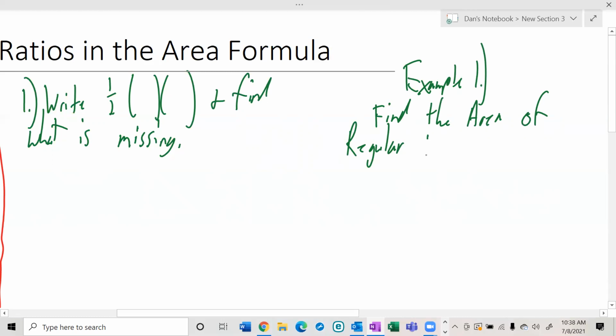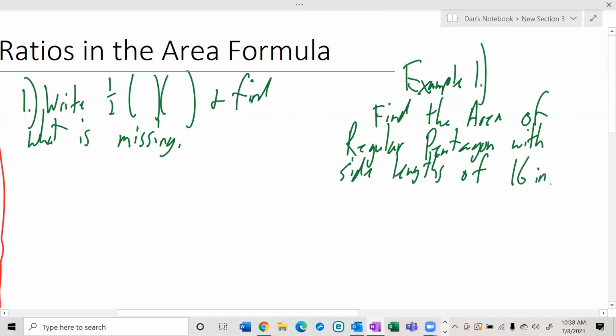Five, sure, pentagon, with side lengths of 15 inches. No, I don't want decimals, 16 inches for now. Okay, so step 1, we're going to write area equals one half blank times blank.